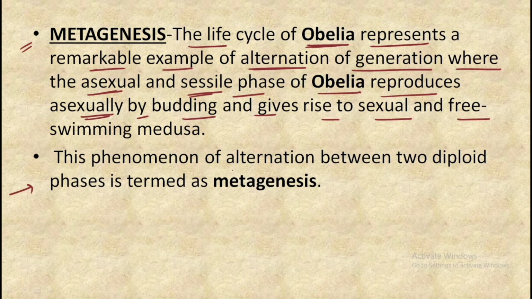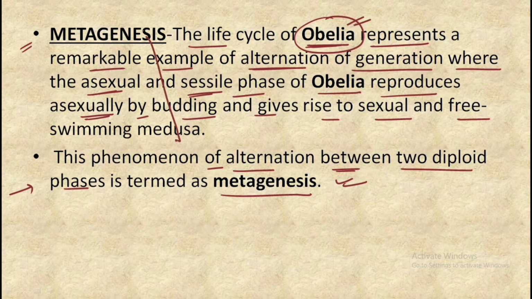This alternation between the two diploid phases is given the term metagenesis. Do not remember this complete explanation, just remember that metagenesis is found mainly in Obelia, and it is a phenomenon of alternation between two diploid phases.